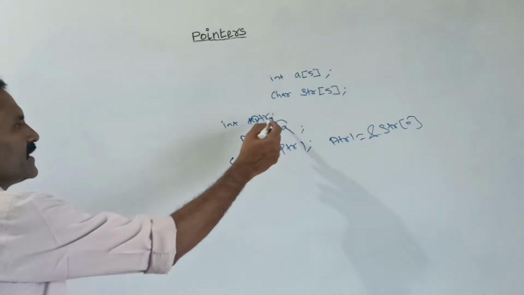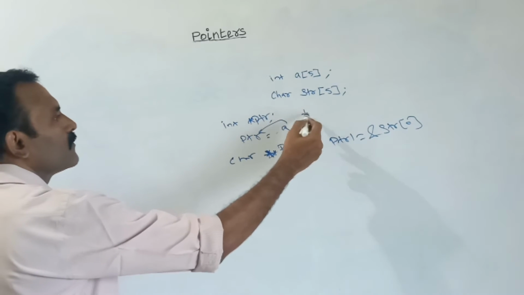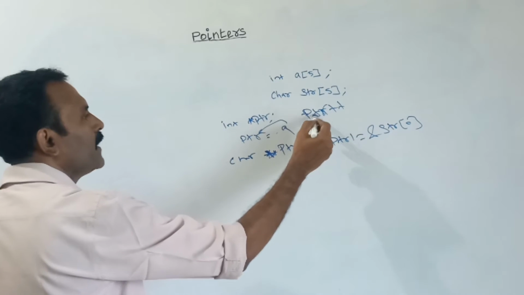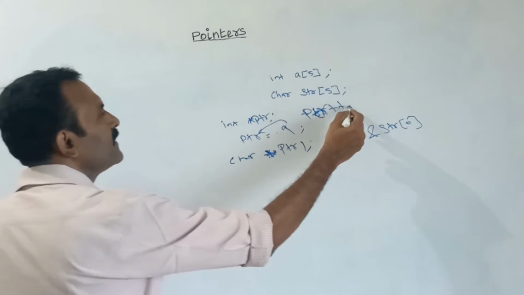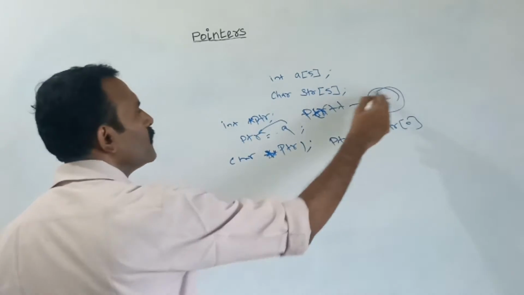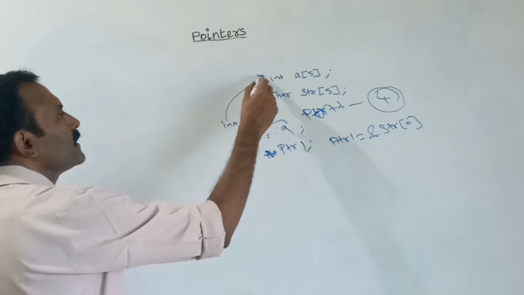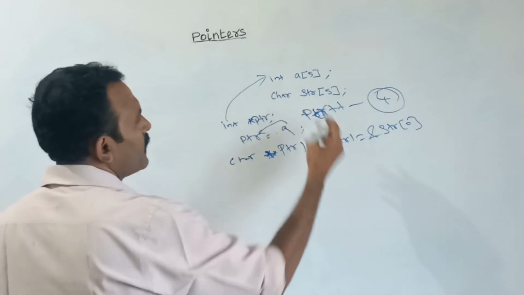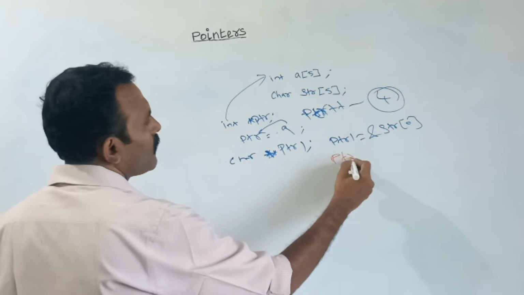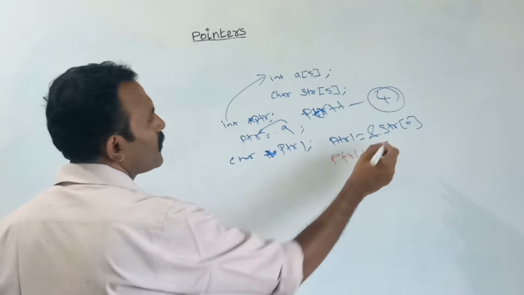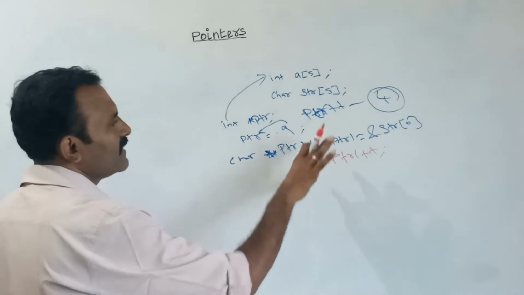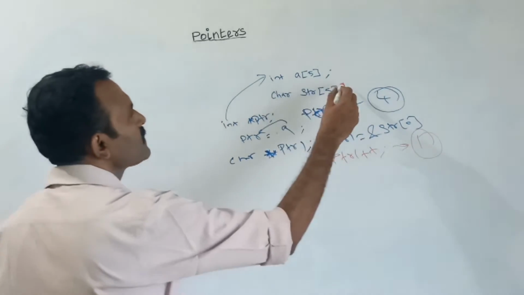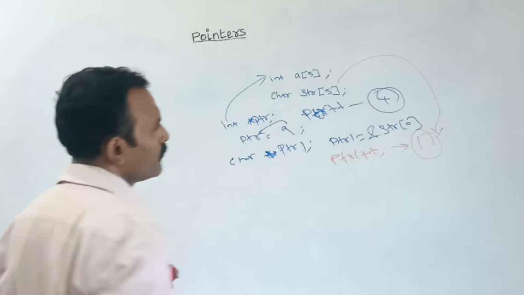Suppose if we are incrementing this ptr plus plus, it will increment by 4, because this is integer data type. But if I am incrementing ptr1 plus plus, this pointer variable will increment by 1, because the default size of a character is 1 byte.